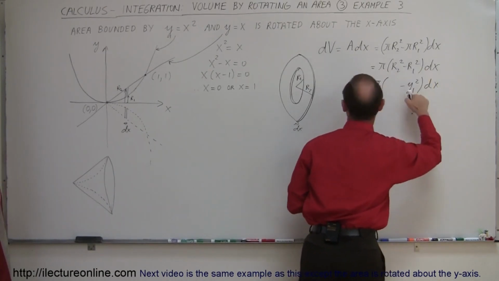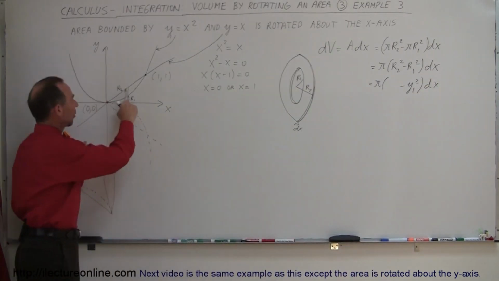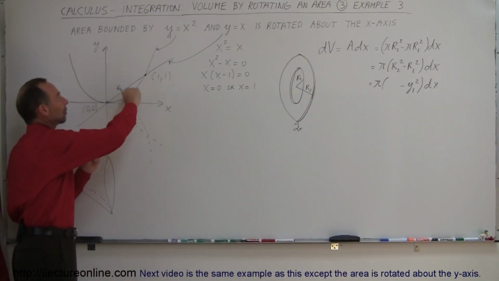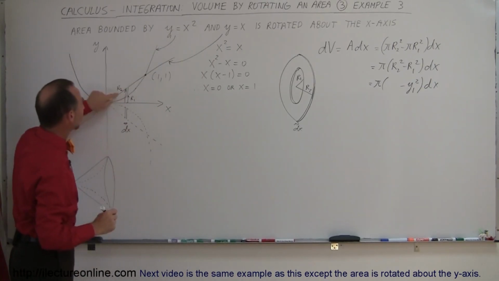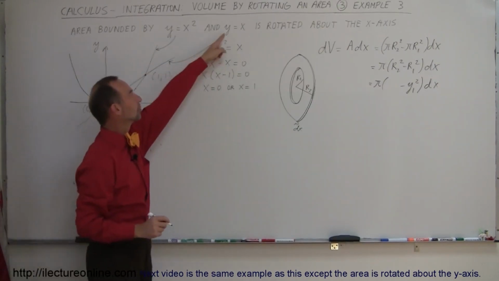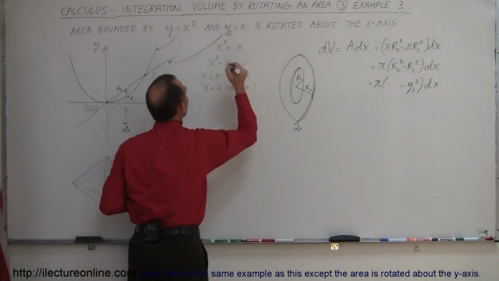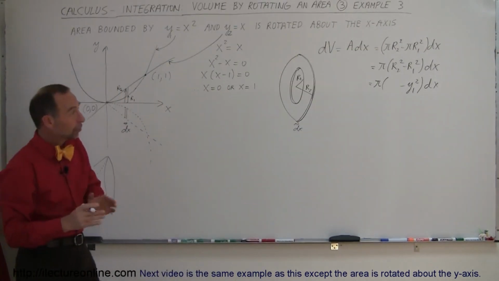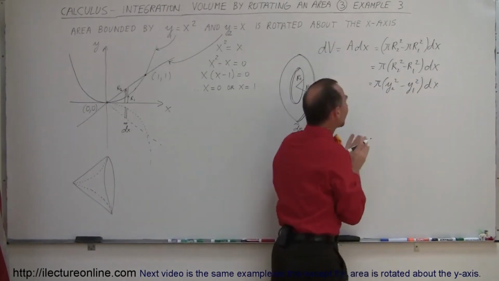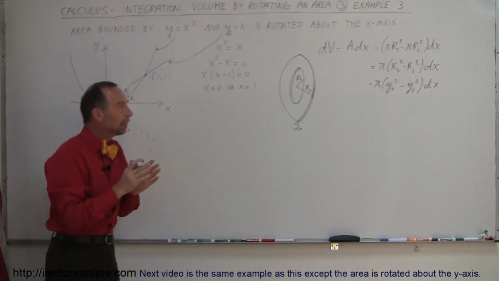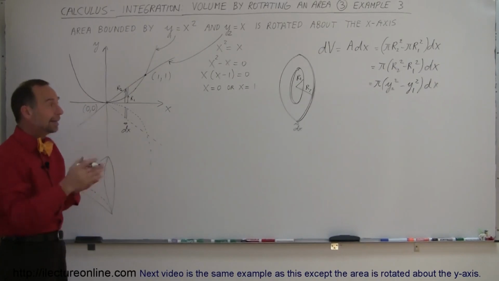So I replaced R1 by y1, which is correct right here. So R1 would be the distance to the curved line, which is this function right here, which is y1. And R2 is the distance to the straight line, which is my function right here. Let's call that y2. Instead of writing R2, I can write y2. So y2 squared. So now I have defined my small little volume, my dv, in terms of y and dx.